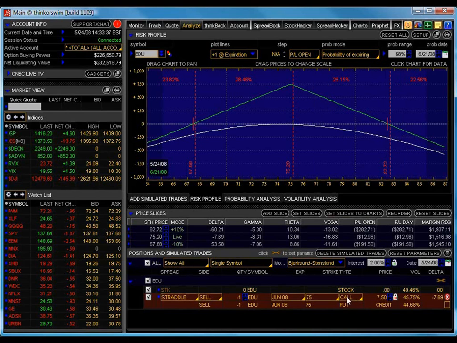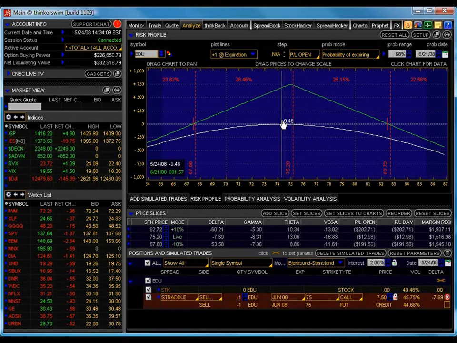So this is the sale of a straddle, which is the most time premium that we can get in the month of June, and it would achieve a very nice profit if the price went up a little bit, went down a little bit, or stayed the same. We could achieve a very nice profit on this position.